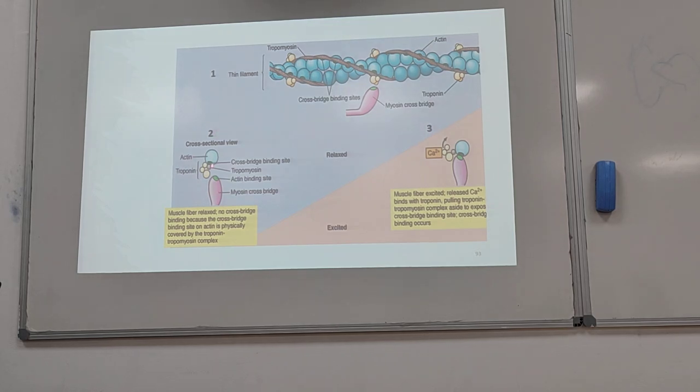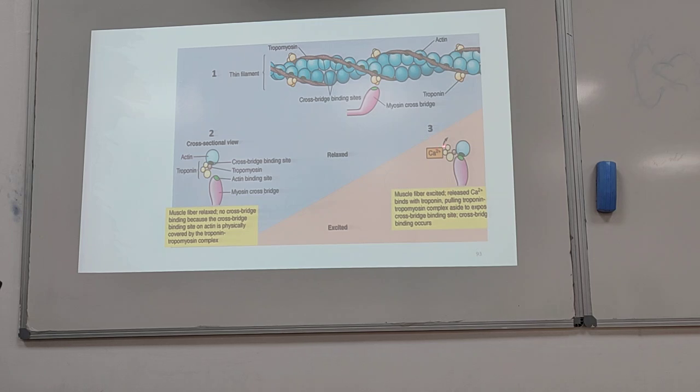Number 3, calcium. Muscle fiber excited, released calcium, it binds with troponin, pulls troponin, the one sitting at the back. My first task is to punch him, throw him away. So calcium binds with troponin, pulling the troponin-tropomyosin complex aside to expose the cross bridge, and the binding takes place.